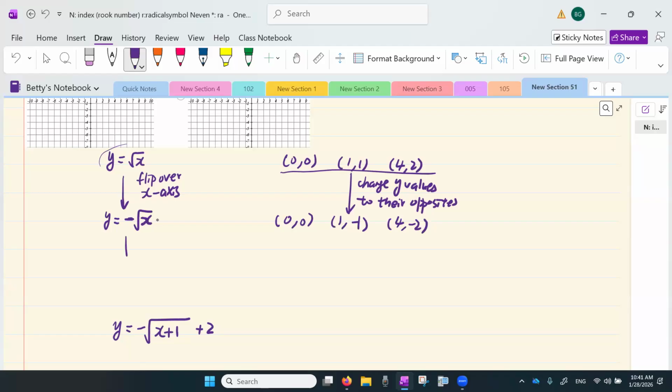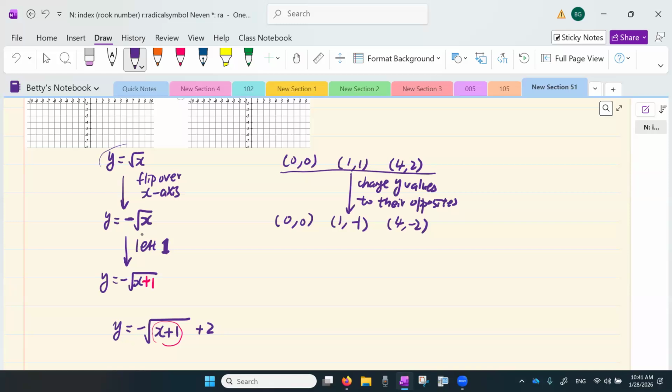Next step, since we need a +1 here, that means shift to the left 1 unit. Very, very important. If you mess this up, you won't be able to get it right. Horizontal shift is a little bit counterintuitive.